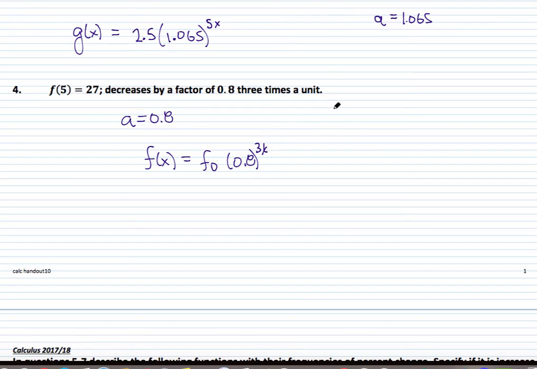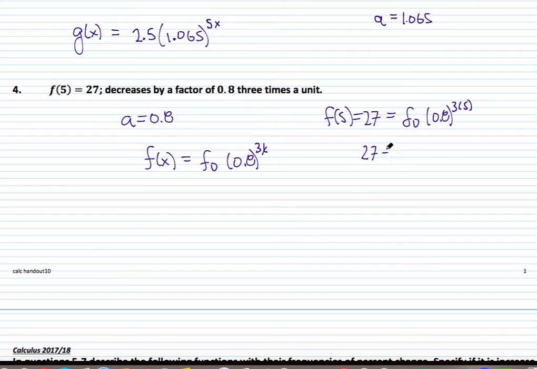Since f of 5 equals 27, that would also be equal to f0 times 0.8 raised to the 3 times 5. So if we plug this into our calculator and solve for f0, 0.8 raised to the 15th power is 0.035.